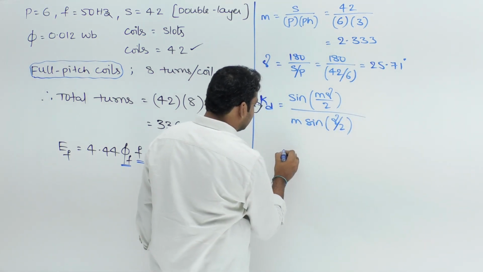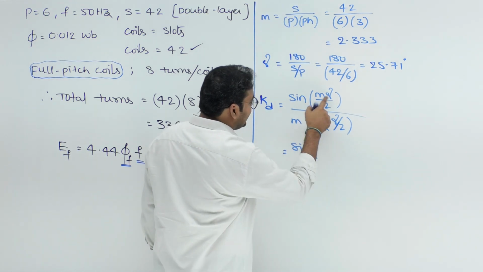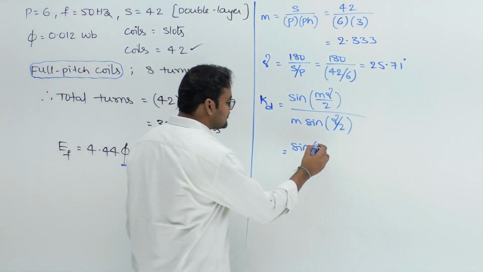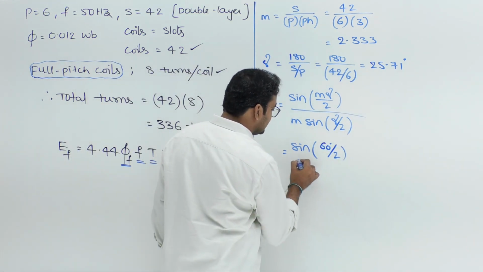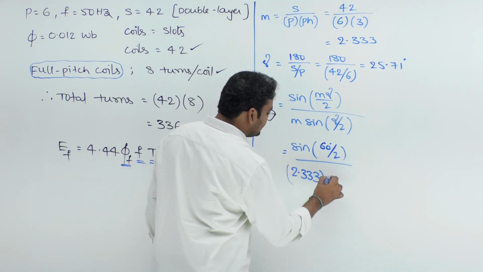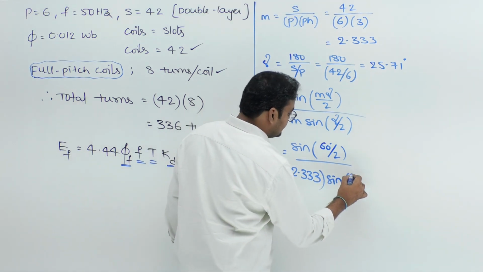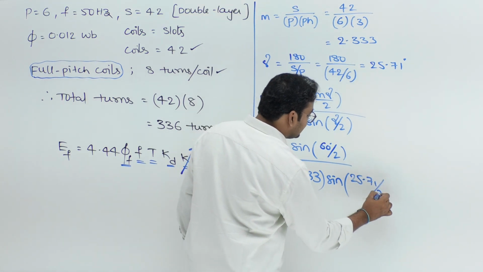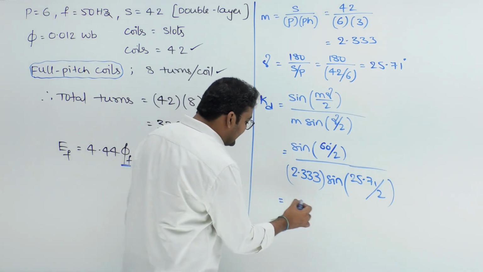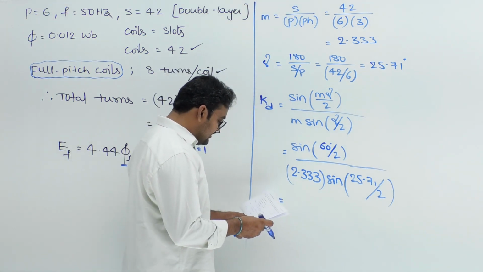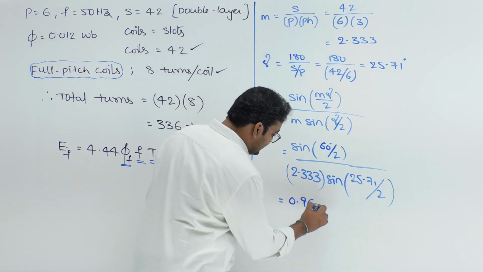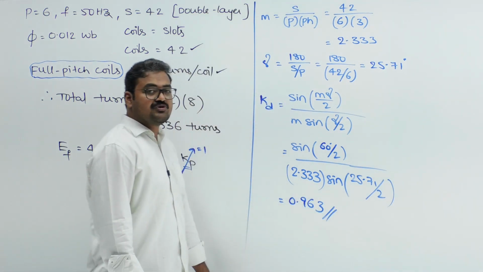M gamma is nothing but the phase spread, which for 3 phase is 60 degrees, divided by M value 2.333 into sin of 25.71 divided by 2. Use the GATE calculator and you will get the distribution factor as 0.963.